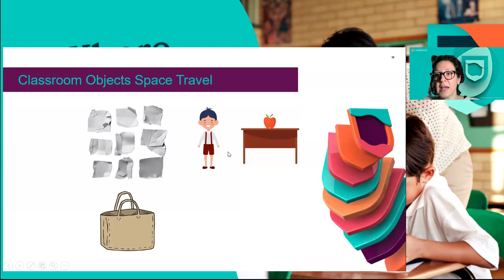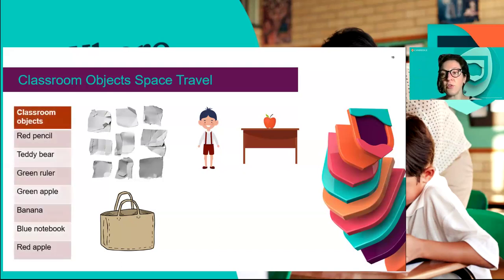For example, if you had a warm-up activity, write down all the classroom object words on separate pieces of paper, one word on one paper. They write it down, and then you put everything in a bag. And then you pull paper by paper, piece of paper by piece of paper, and you read them out.